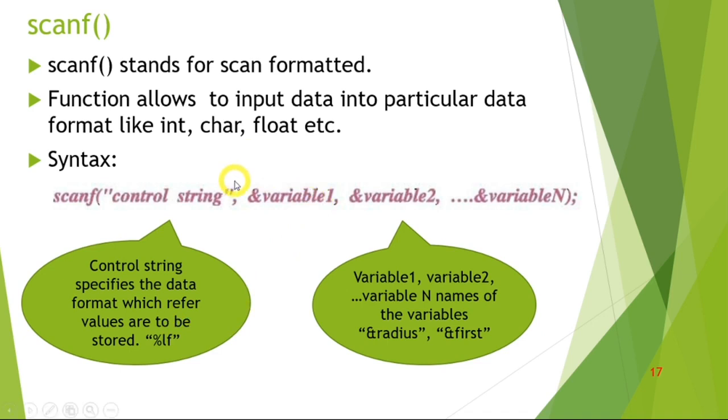After this quote is over, which is the control string, then comma, then variable 1 to variable n, the names of the variables, say &radius, and the first & is an address operator actually.